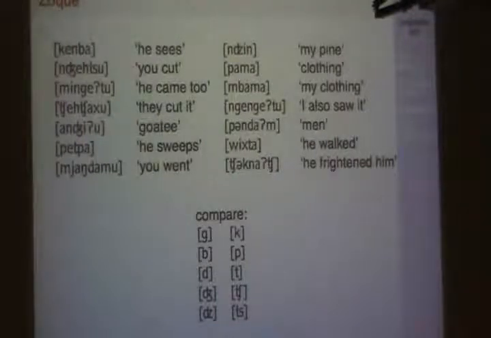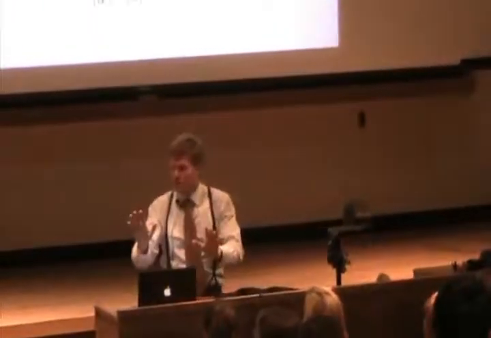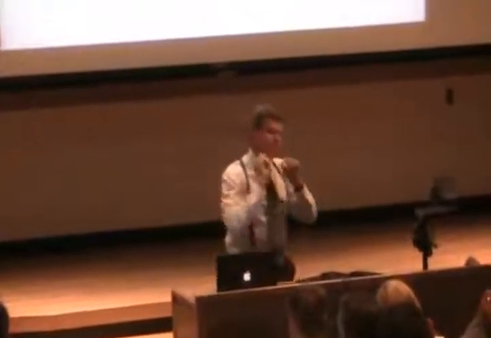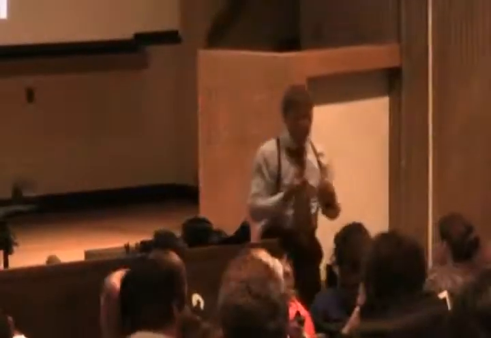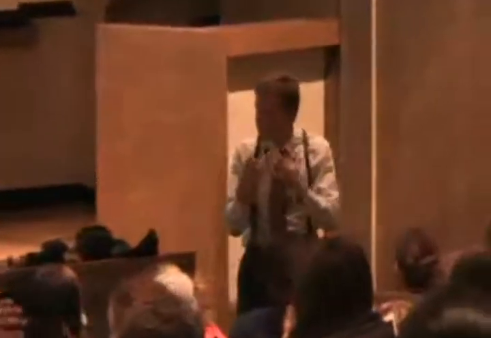And here's what I want you to do. So remember, rules control features. They control how combinations of articulations or acoustic effects are combined to make sounds in certain environments.